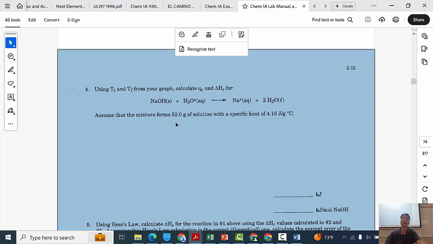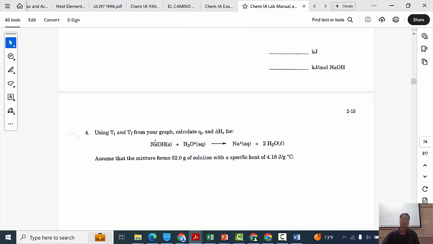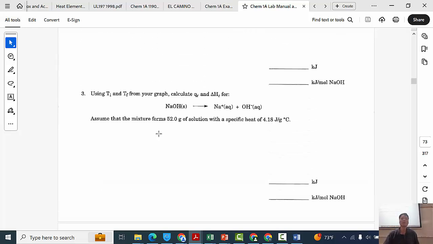But if they don't give you 2 grams, then let's say they gave you 1.9 grams, then it would be 51.9 grams of solution, not 52 grams of solution. The same thing goes when we had the solid sodium hydroxide here in number 3. Again, it might not be 52 grams. Just use the number of grams they gave you.